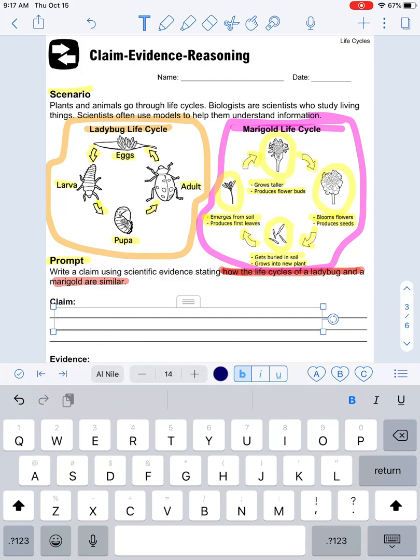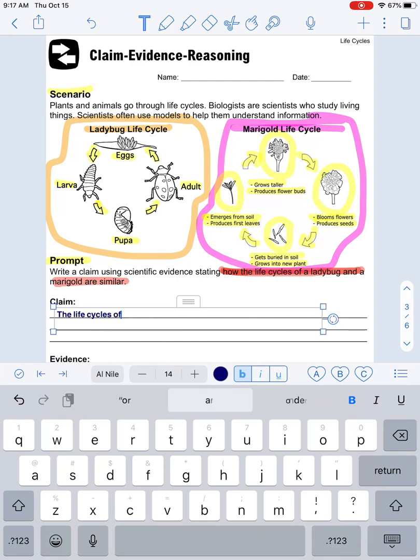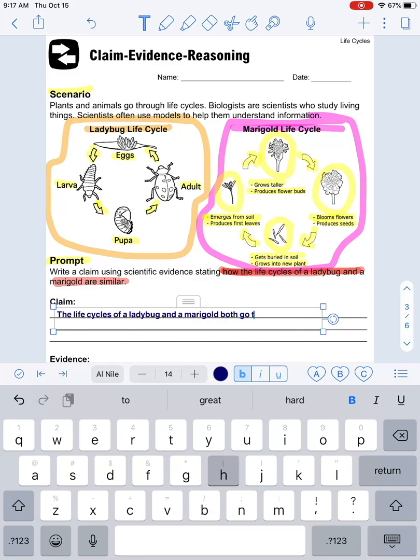So I could say the life cycles of a ladybug and a marigold both have similar stages.